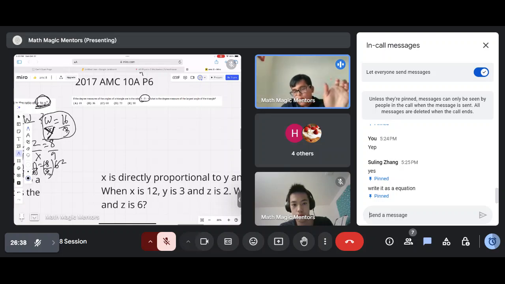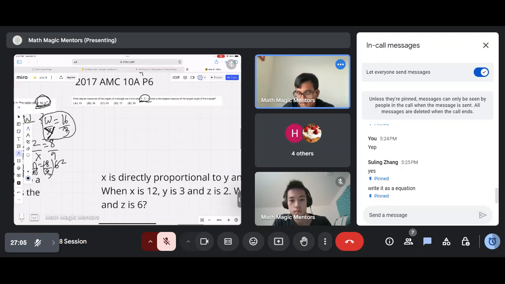Now, since this is a proportion, obviously writing this as a fraction is difficult, because there are three quantities involved. So what's the sum of the angles of a triangle, first of all, just to start this question? What is the sum of the angles in a regular triangle?